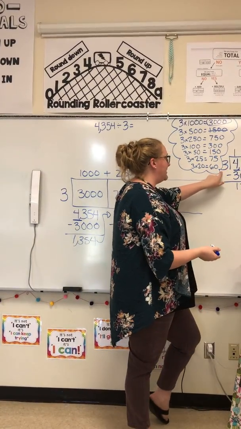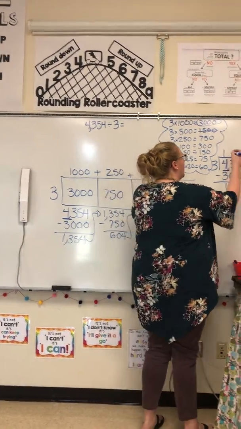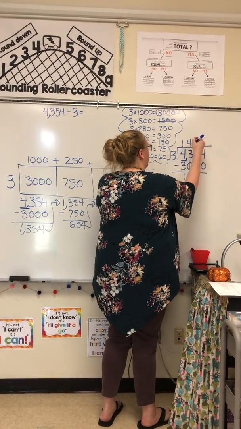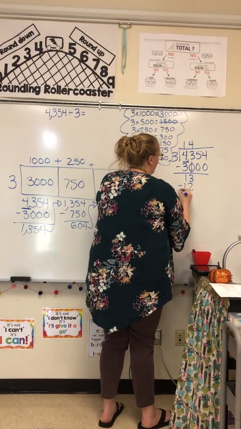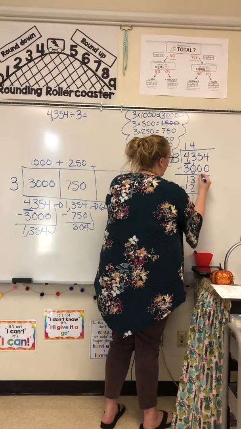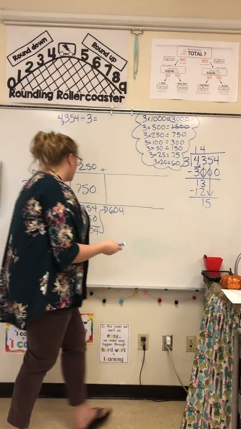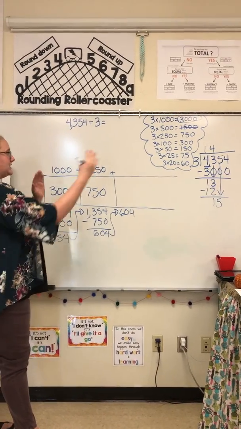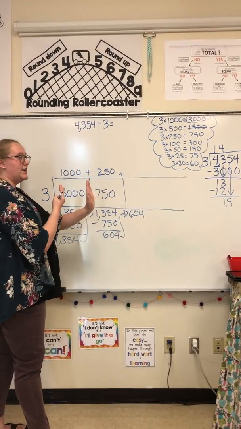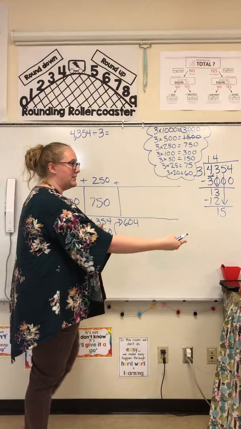So for us, we'd say how many times does 3 go into 13? 4 times, because I know that 4 times 3 is 12. Subtract, bring down my 1, bring down my 5. It doesn't match up here because we're going to have additional steps in this one.